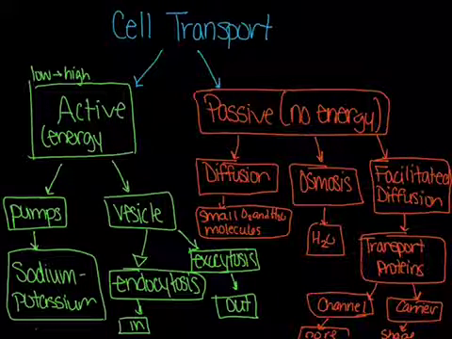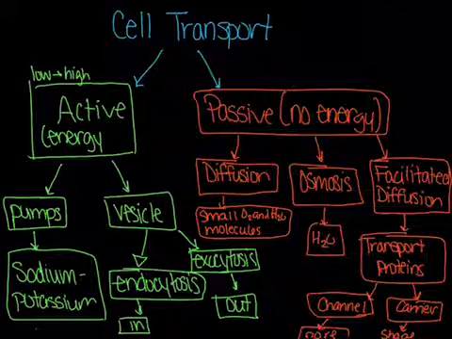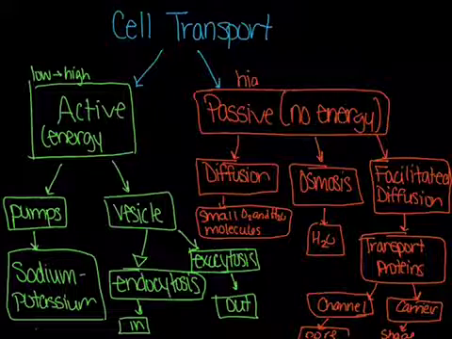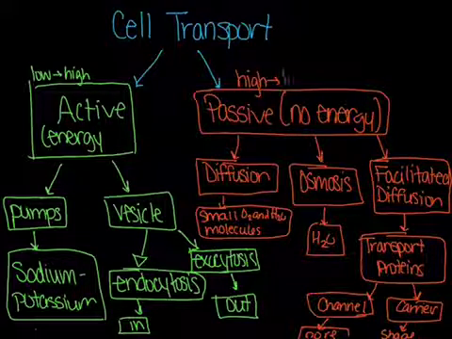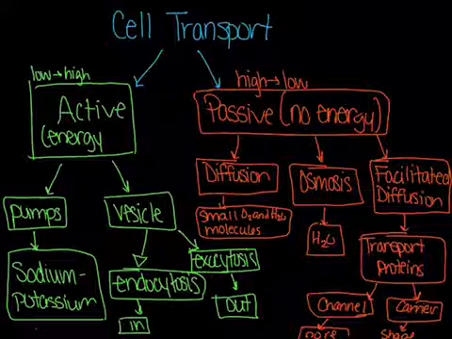So hopefully this little table helps kind of organize the two different types of cell transport. And passive transport goes from high concentration to low concentration. That's for all of them. So hopefully this clears things up a little bit.